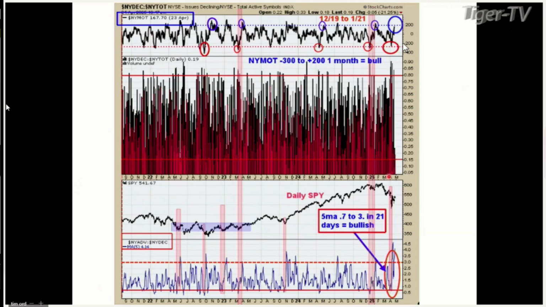And so I'm thinking we're in the process of building a base. And also, the one indicator I developed works pretty good. It's a 5-day average of the advance decline, which is the bottom window. It has to go from 0.7 to 3.0 within 21 days. We had one starting in April. We're still kind of high, but we may go back down one more time and get another bullish reading on the advance decline going from 0.7 to 3 within 21 days.